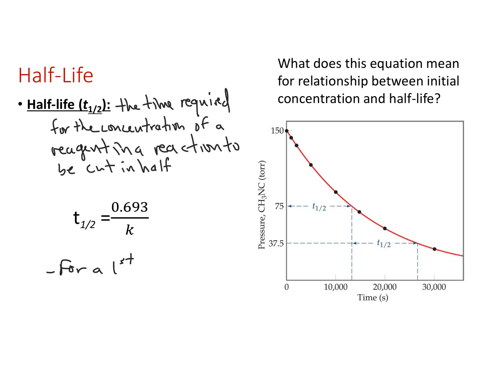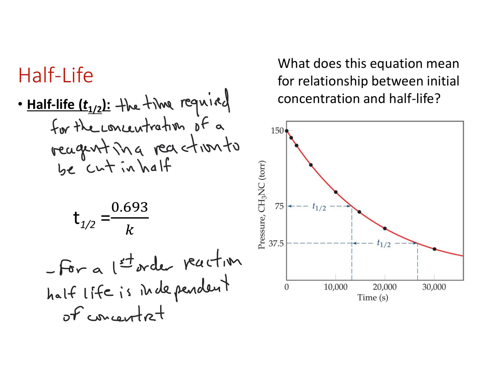For a first-order reaction, half-life is independent of concentration. So here's my initial concentration, right? 150. At what point do I reach half of that? 75.